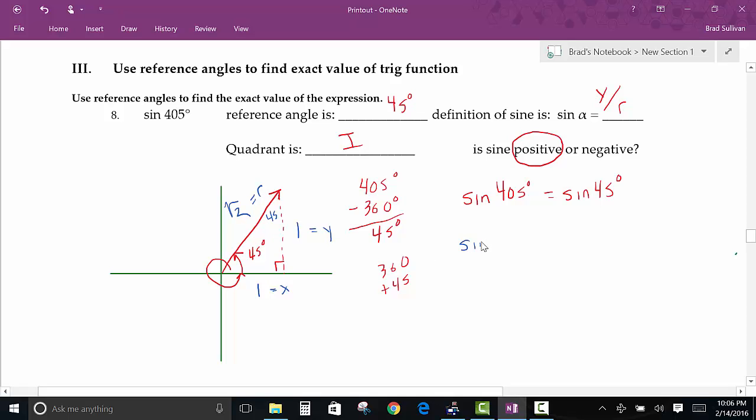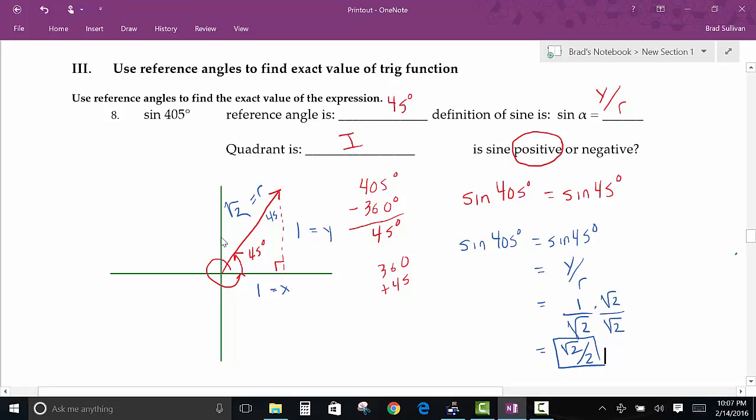So then if we're doing the sine of 405 degrees, well, that's really the same as the sine of 45 degrees, and that's just going to be y over r. So if we look at our diagram, we've got 1 over the square root of 2, and then, of course, we can rationalize that denominator, so we'd get a final answer of square root of 2 over 2, like that. Okay, so that's how you use a reference angle to find the exact value of a trig function like that.